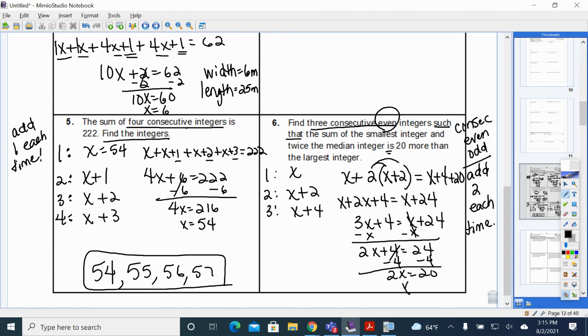Divide both sides by 2, and you get x equals 10. All right, now go back again. What does it say? Find 3 consecutive even integers. Well, the first one is 10, and then from there, I'm going to add 2. So 12 and 14. Those are my 3 integers.